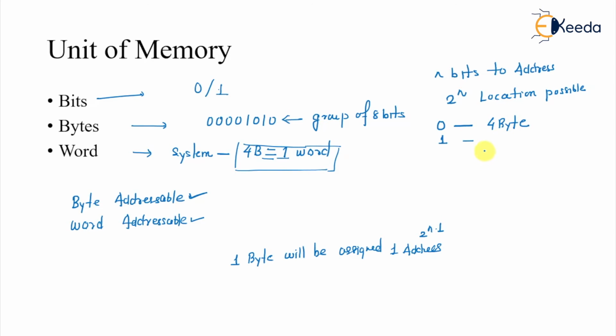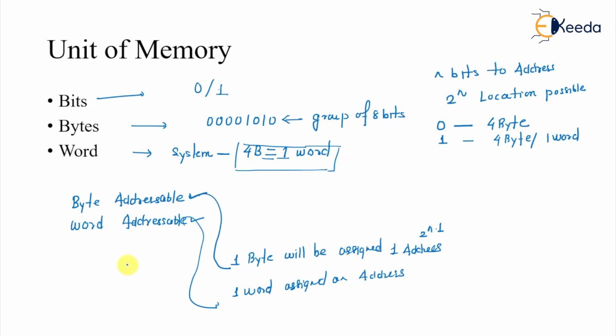So 1 word, 4 bytes, is assigned 1 address. Byte addressability means 1 byte is assigned an address, and word addressability means 1 word is assigned an address.